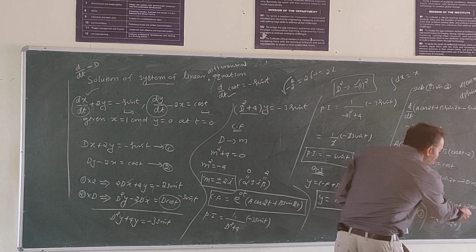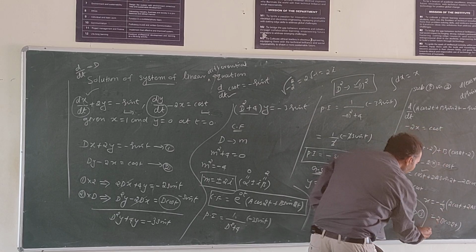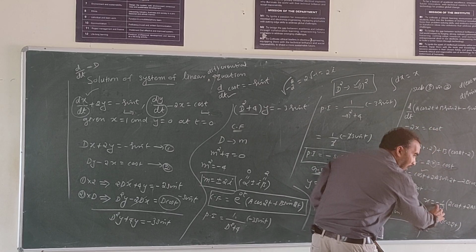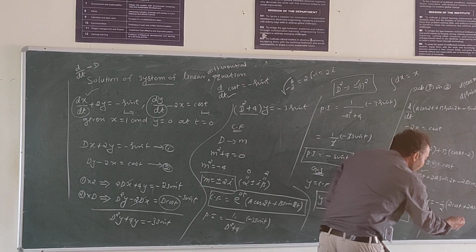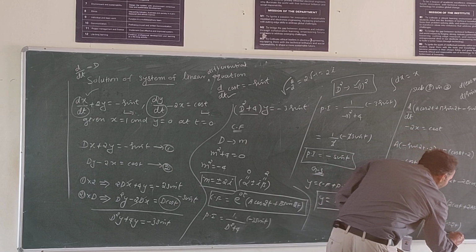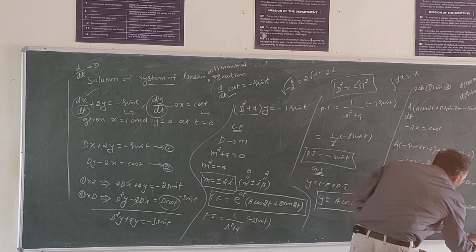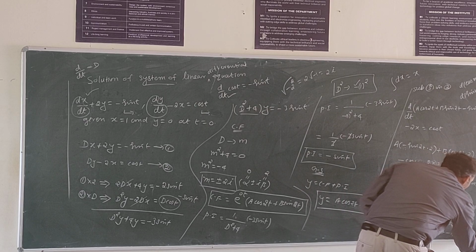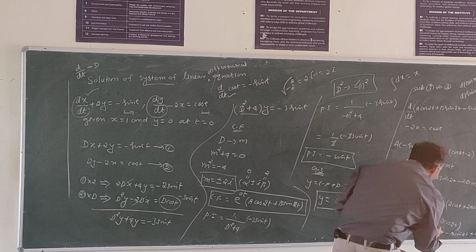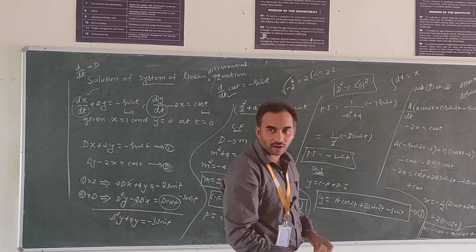So we can take 2 common outside, or divide by 2. Finally we get x equals minus 1 by 2 multiplied inside the bracket: minus cos t minus a sin 2t plus b cos 2t. So this is the value for x.